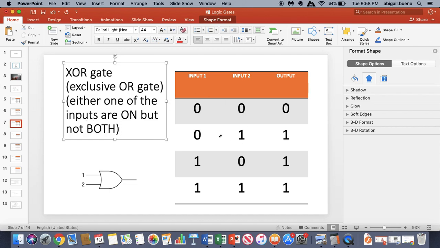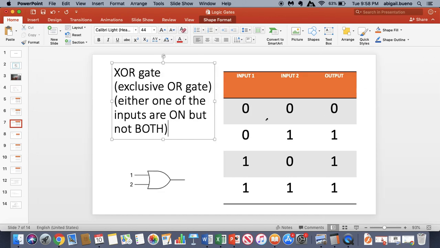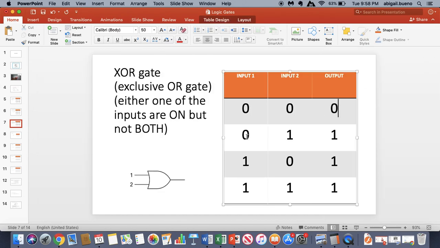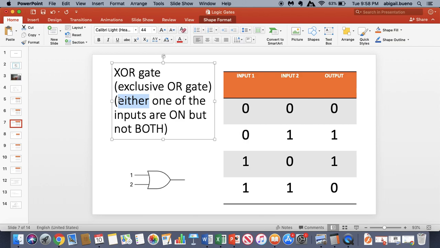So let's do the truth table for an exclusive OR gate. 0, 0 gives 0. 0, 1 gives 1 also because at least one of them is turned on, so output will be on. Either is on, so it's on. But what if it's both? If it's both, the output will be 0 because it's exclusive, exclusively either.